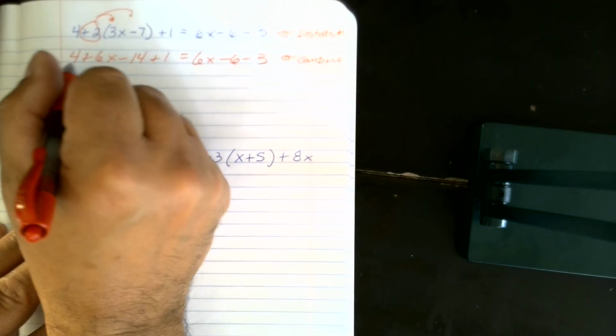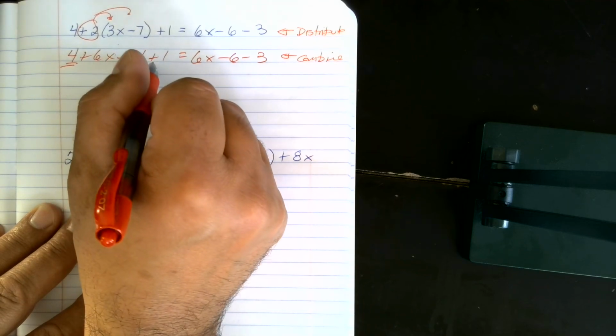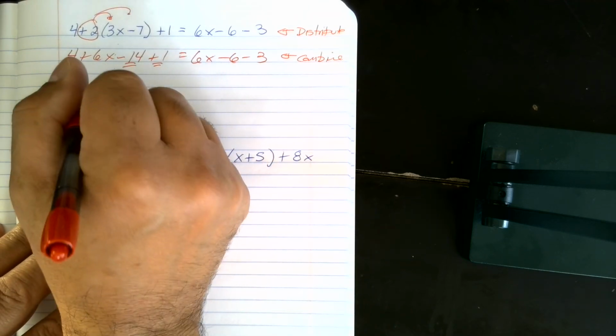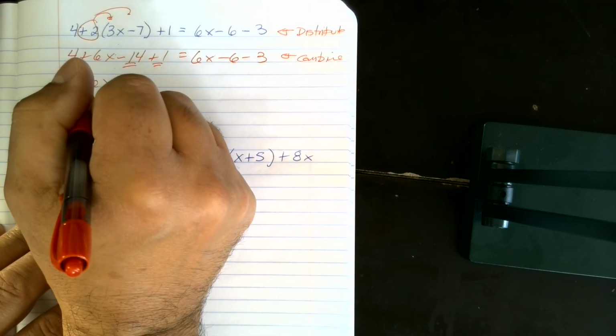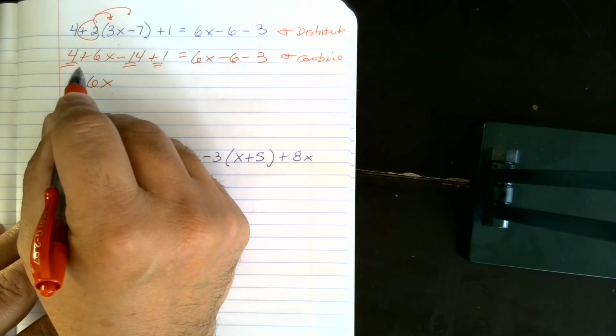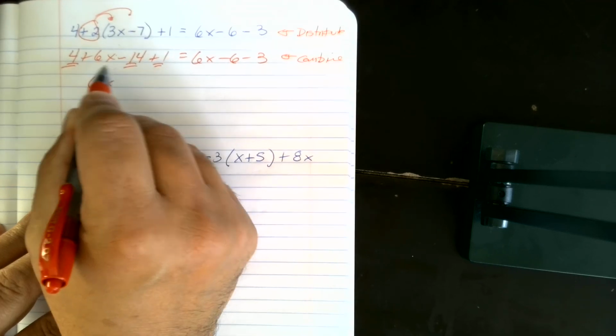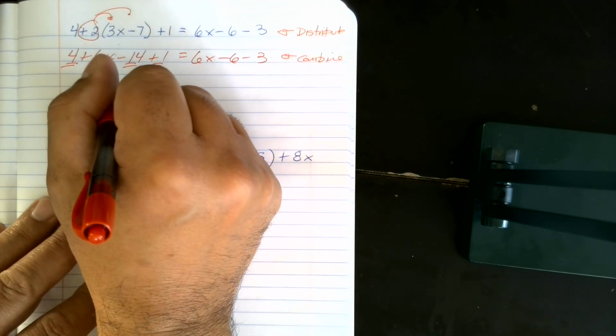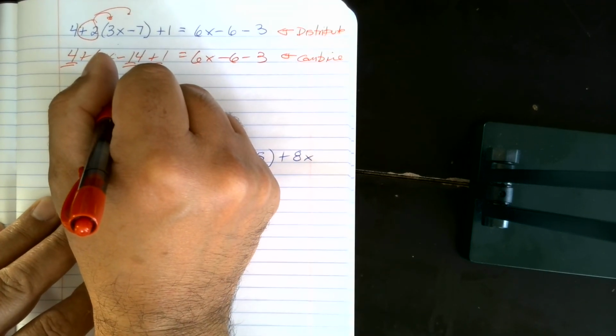So it looks like I have 4, negative 14, and 1. So I'm going to have 6x, negative 10 plus 1 would be a negative 9.